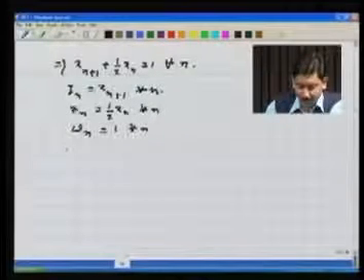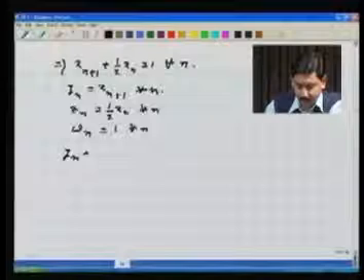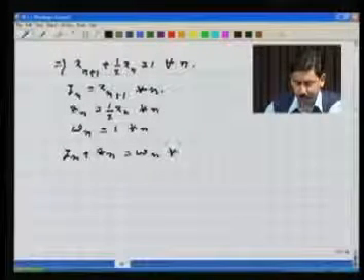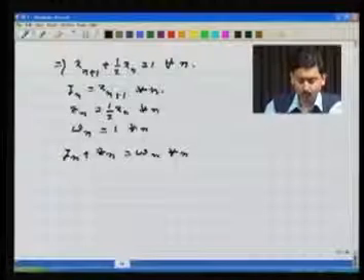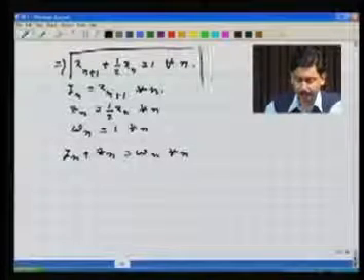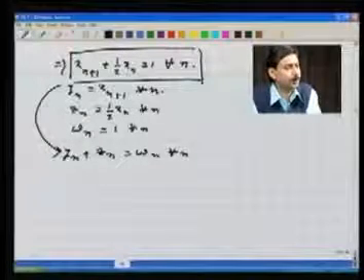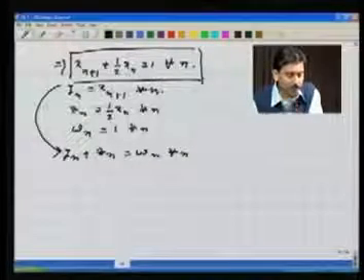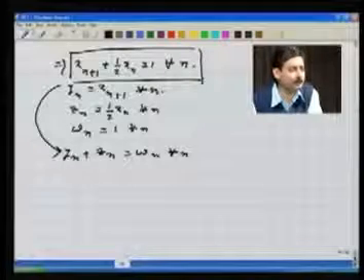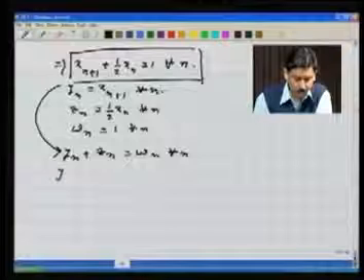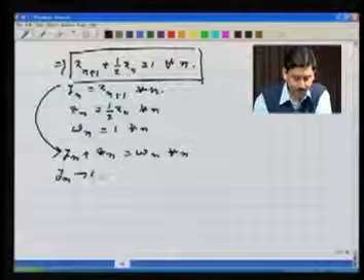And it is given that yn plus zn equals wn. This is what I got here. Now I know that yn has the limit L, because the sequence xn converges. So yn converges to L.